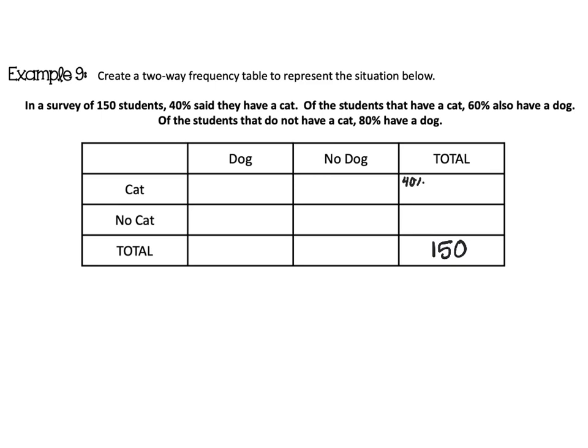Well, 40% of 150, or 150 times 0.4, is 60 people. So I know that 60 people have a cat. Now for no cat, I don't really have to multiply a percent. It would be 60%, right? But I know that that's going to have to be 90 people.